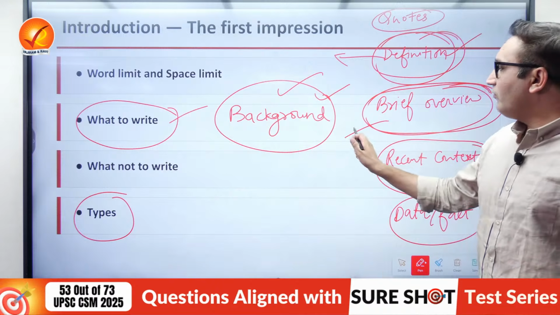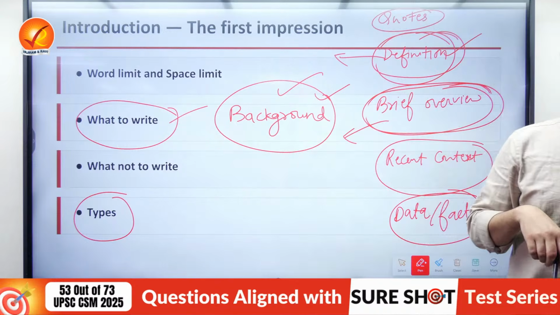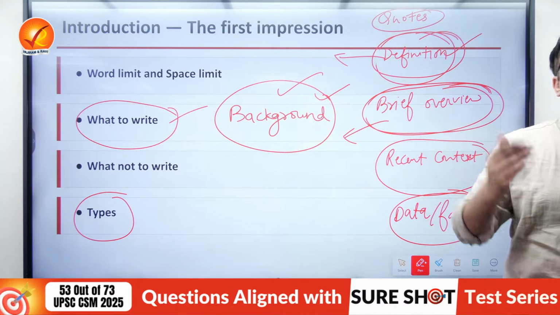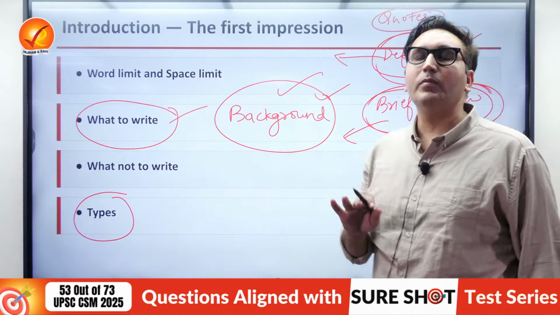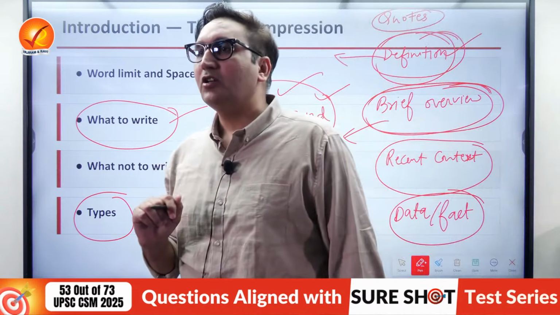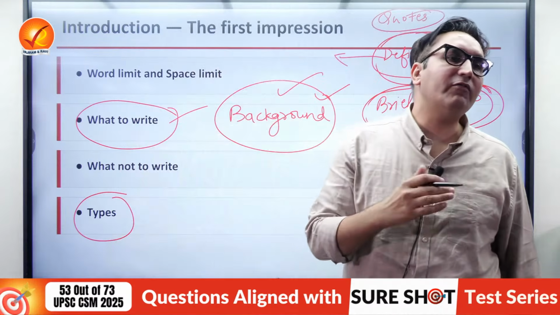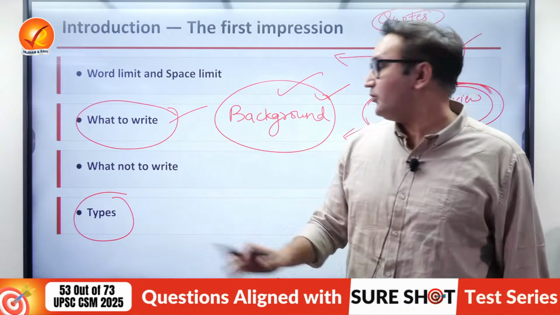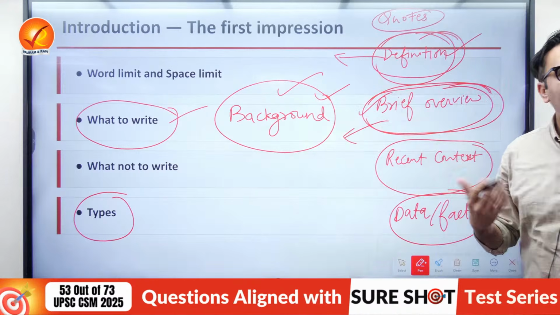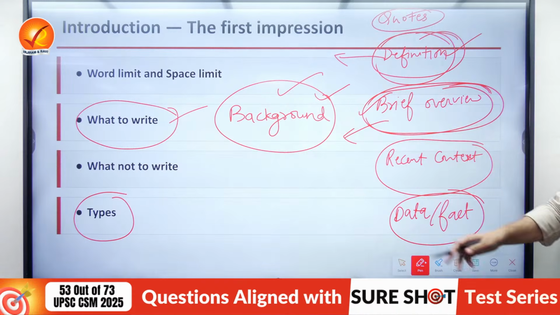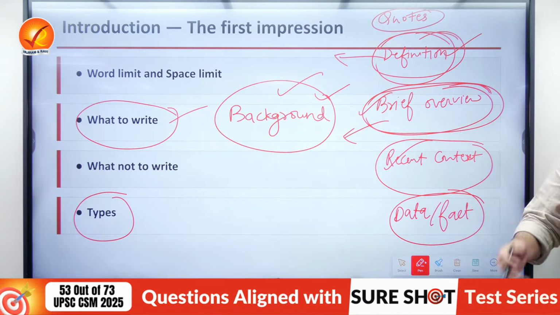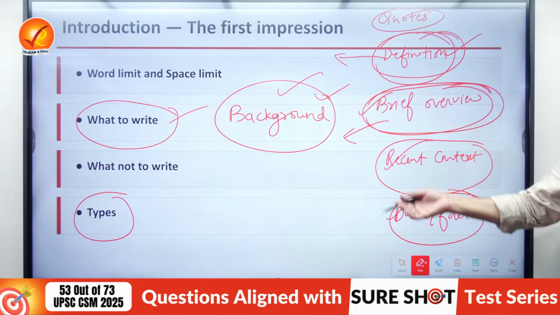Same with brief overview. It's like providing a brief summary, which at times becomes very generic and vague. You hardly will be able to inculcate facts and figures. If you can inculcate facts and figures here, then it's good, right? Recent context, always good. Data, facts, again good.